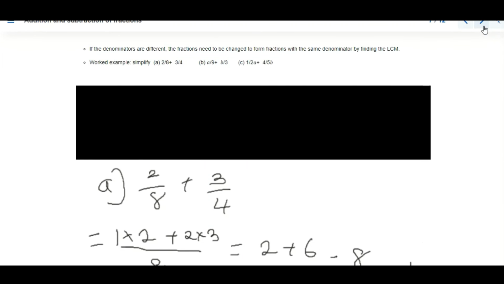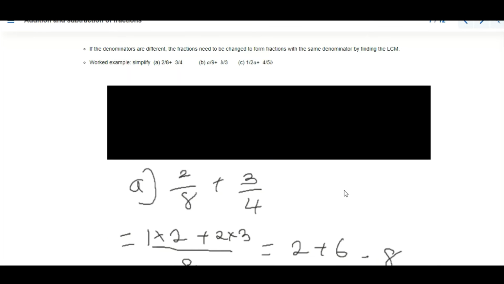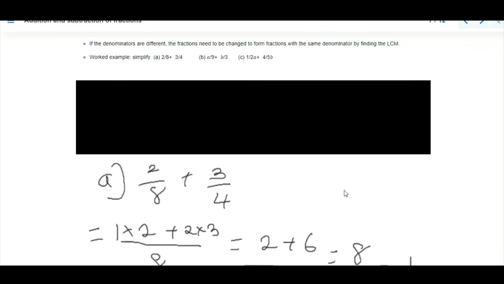Now let's look at an example where we have different denominators. What do we do? As I've said earlier, we are looking for the lowest common multiple. So let's solve together.